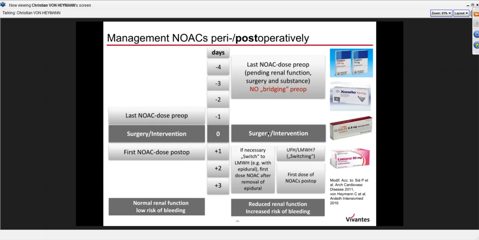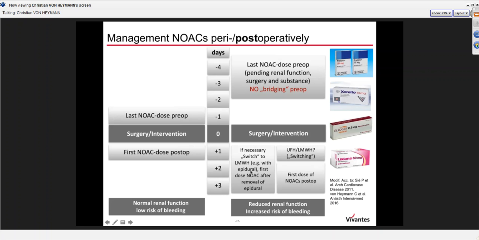It may be necessary, if there is still a risk of bleeding from drainages from the operation site, to switch to a low molecular weight heparin. This is also true for patients who have an indwelling epidural catheter for post-operative pain therapy. Switch them to a low molecular weight or to an unfractionated heparin.